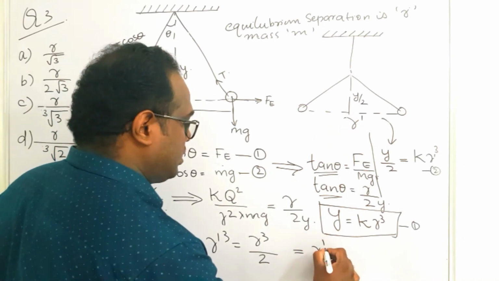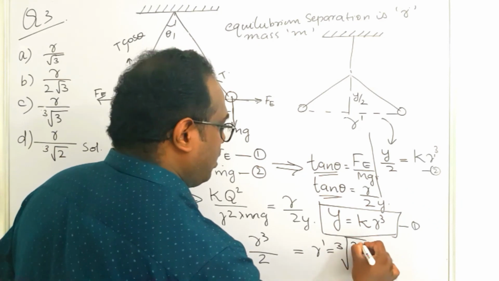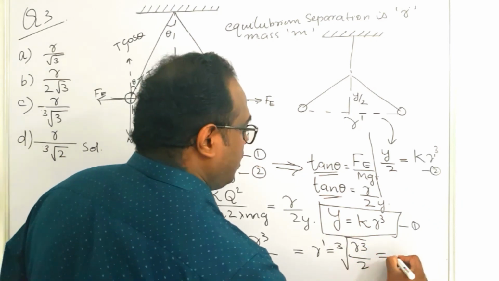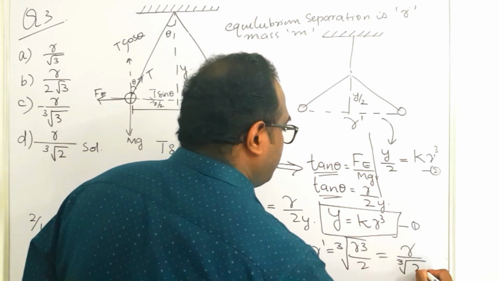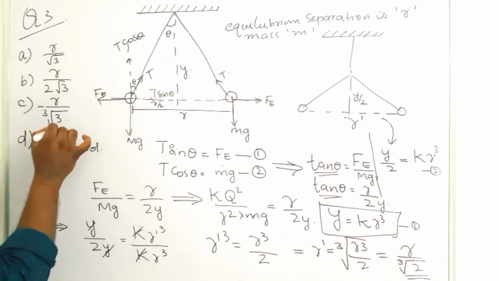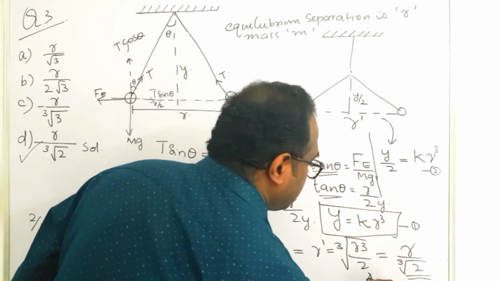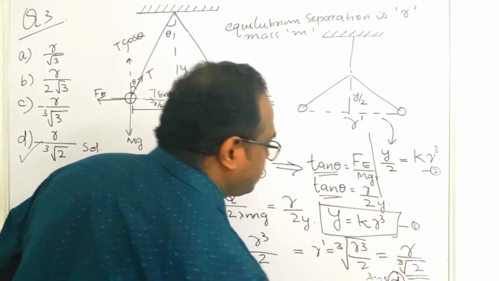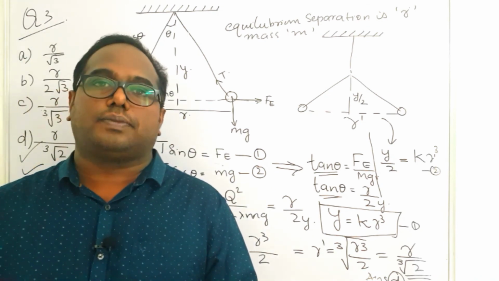So r dash is equal to the cube root of r cube by 2, which equals r divided by cube root of 2. So this is your answer, option D. Okay, with this numerical we will conclude today's class.